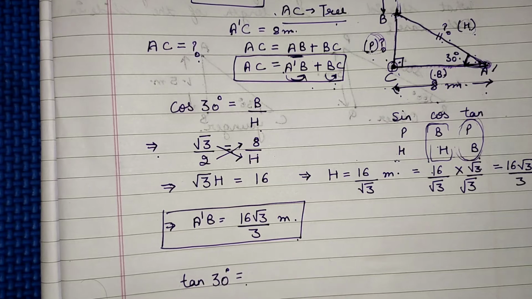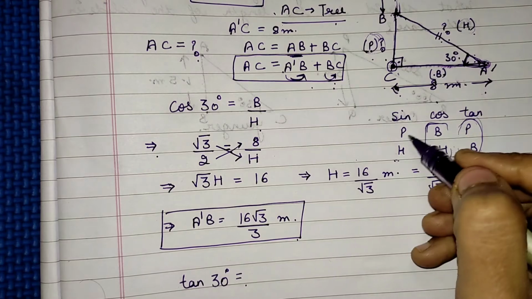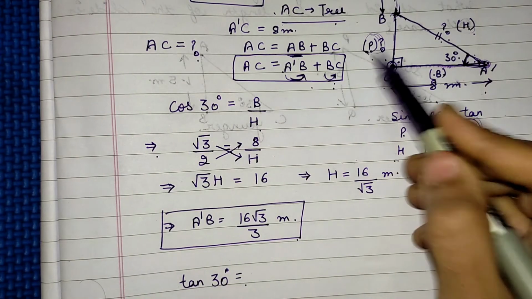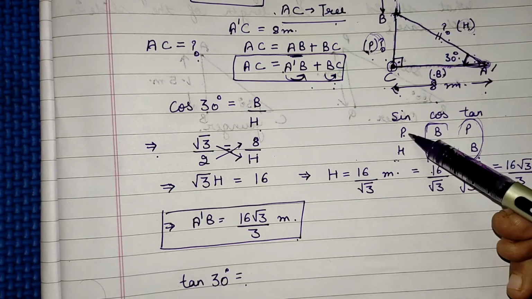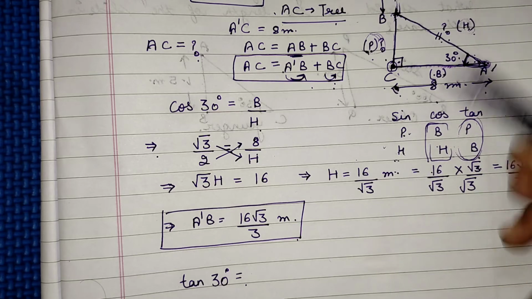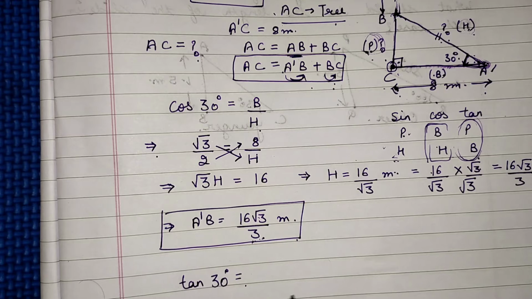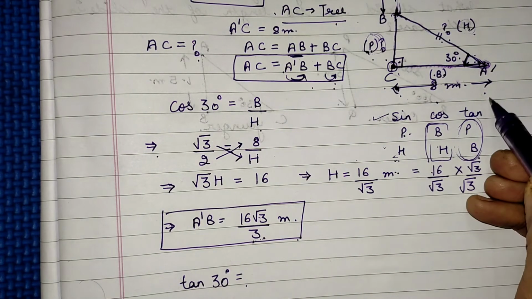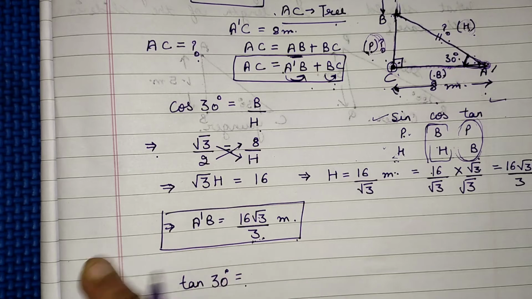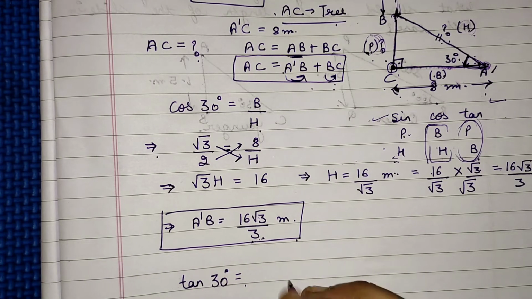Or now you can use any trigonometric ratio. Now you can also use the sine also, because perpendicular you have to find out and hypotenuse you know now. Earlier we did not know hypotenuse, but now you know that hypotenuse is this much. So you can use either trigonometric ratio, sine or tangent. Your answer is going to be same.